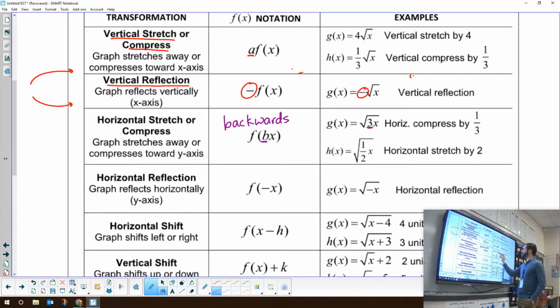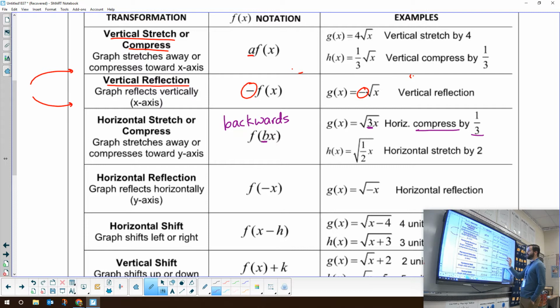If you have a 3 on the inside of your square root, that 3 is hanging out with the x. It's on the inside, but it's not adding and subtracting to the x. It is attached to that x. And so it has a very vital effect to it. It's being multiplied, so it's going to cause a stretch or compress. But like I said, B is backwards. So if B is a 3 in here, we're going to have a horizontal compress by 1/3.